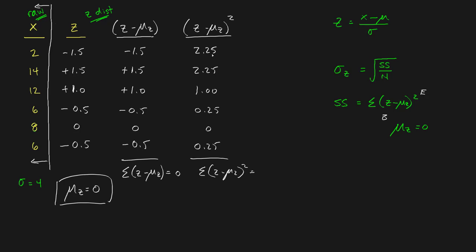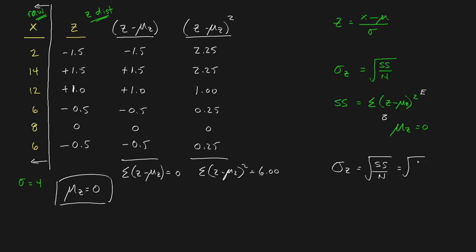So what does this come out to be? Well, let's add them up. 2 1/4 plus 2 1/4 makes 4 1/2. This is 5 1/2, 5 3/4, 6. So I've got 6 as my sum of squares. This is the sum of my squared deviations. So I can now find the standard deviation by taking the square root of the sum of squares over n.